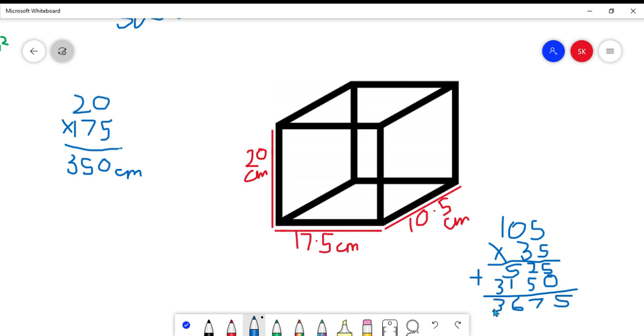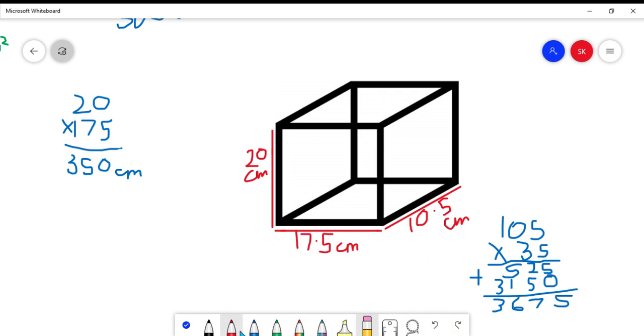3,675. And now 350, we add our placeholder, but because we've done 10.5, we can add our extra 0 on the end to times it by 10 to make up for that loss. But now we have to remove it again because of our decimal, so we have to divide it by 10 again.